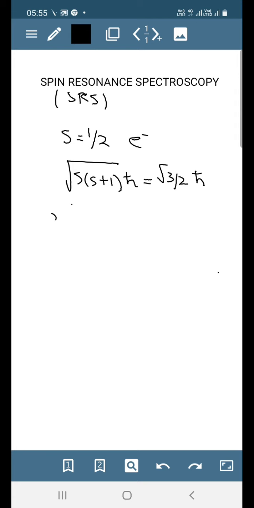The simplest atom is that of hydrogen. We know that it consists of one electron and one proton.